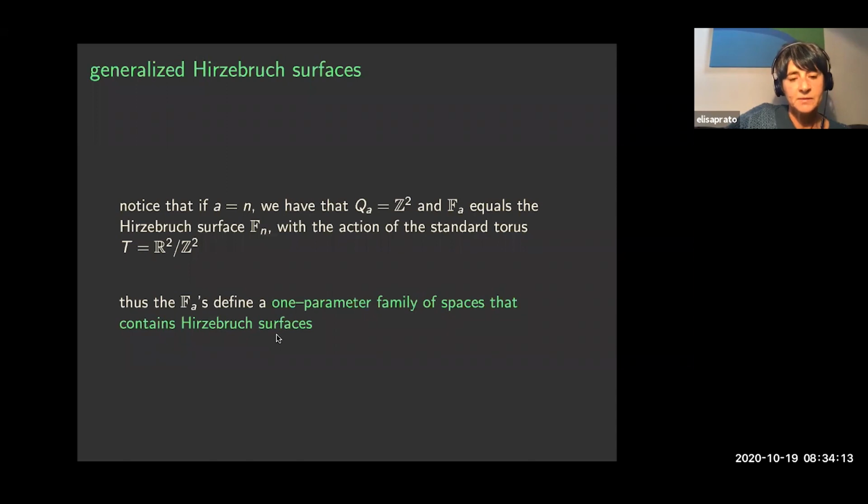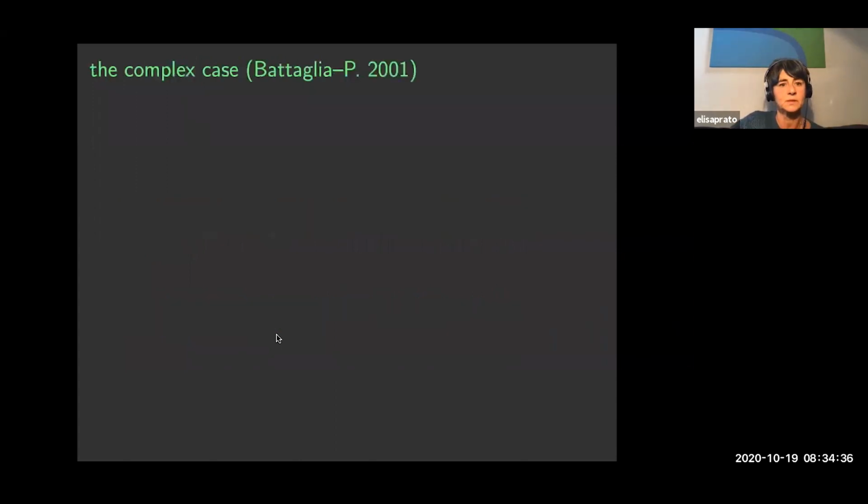So the F_a can be thought of as a one-parameter family of spaces that contains the Hirzebruch surfaces as special cases when a is an integer. This will be current examples. Fiametta is going to talk about this again in a different context on Wednesday.